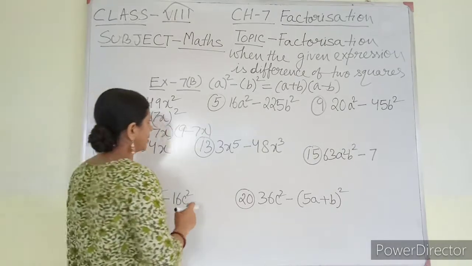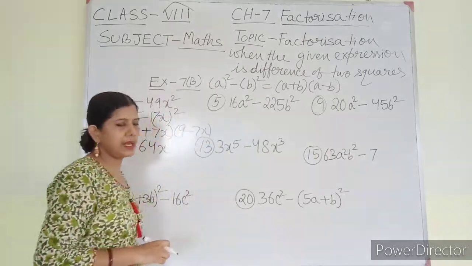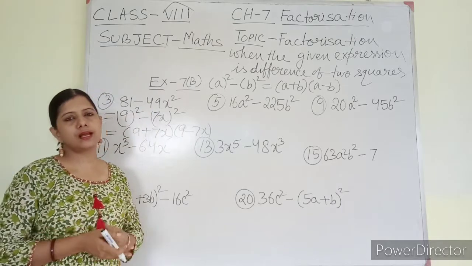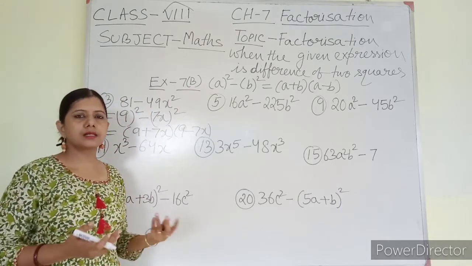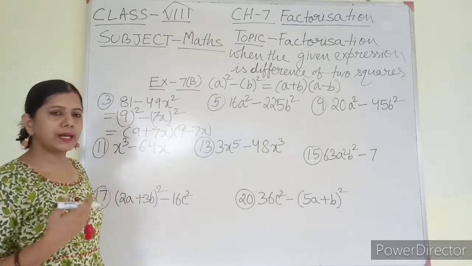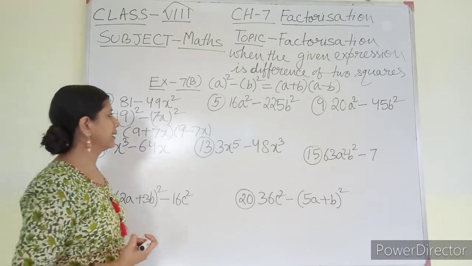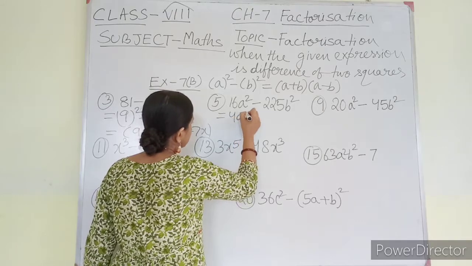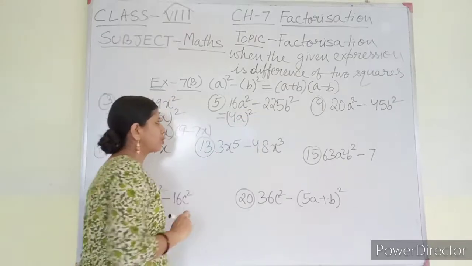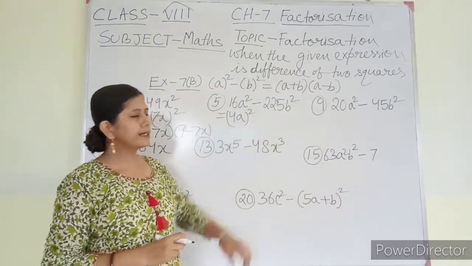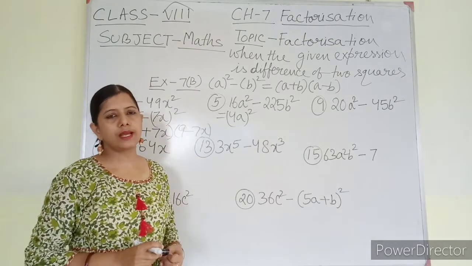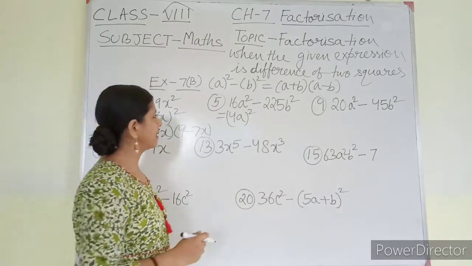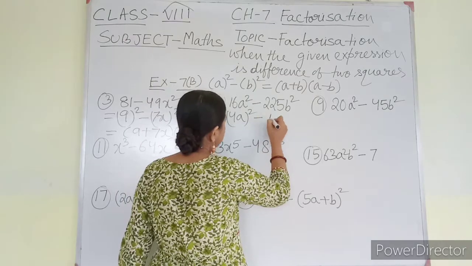Now the second one, that means question number 5. I have taken a sum of the question and I am solving it for you. Other sums you can do by yourself by going through the video again and again. 16a square can be written as 4a whole square, and 225 is the square of what? 225 is the square of 15.